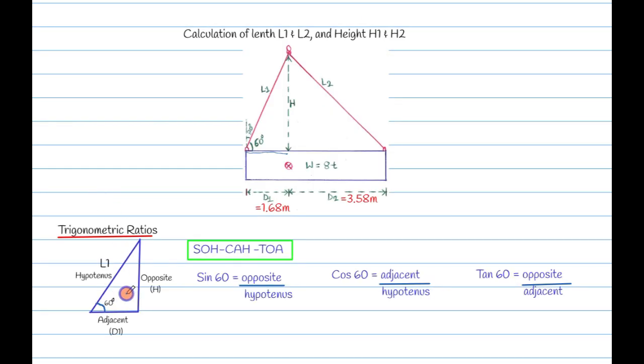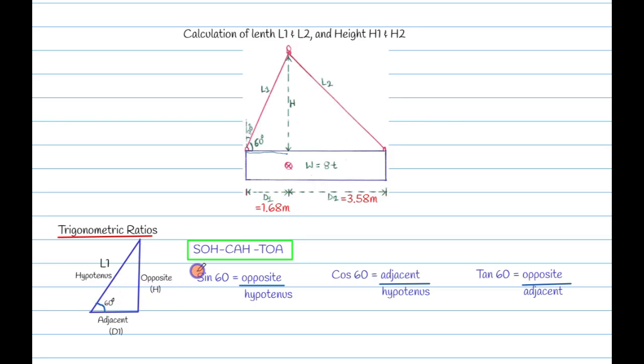If we have a right angled triangle, trigonometric ratio is used to calculate the other sides of the triangle. If we know one side of a triangle and also we know one of the angles, we can use trigonometric ratio to calculate the other sides of the triangle.